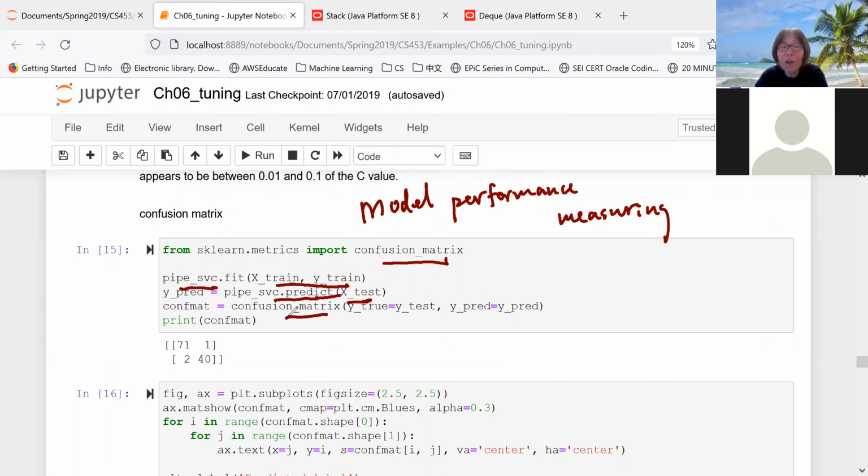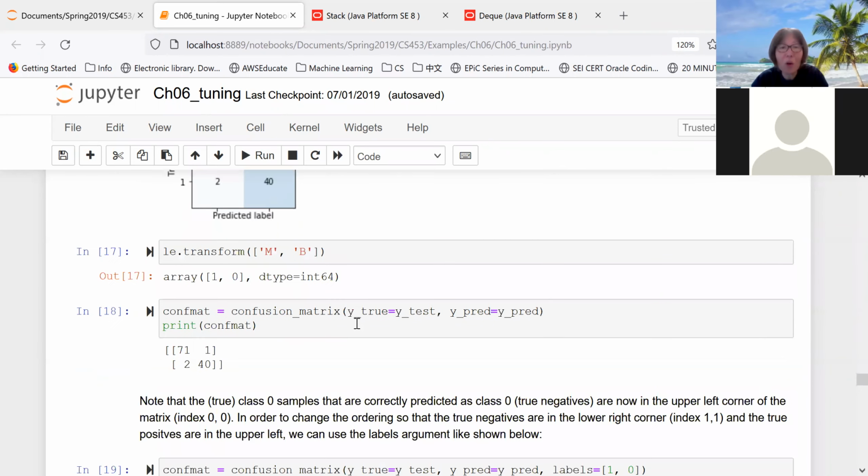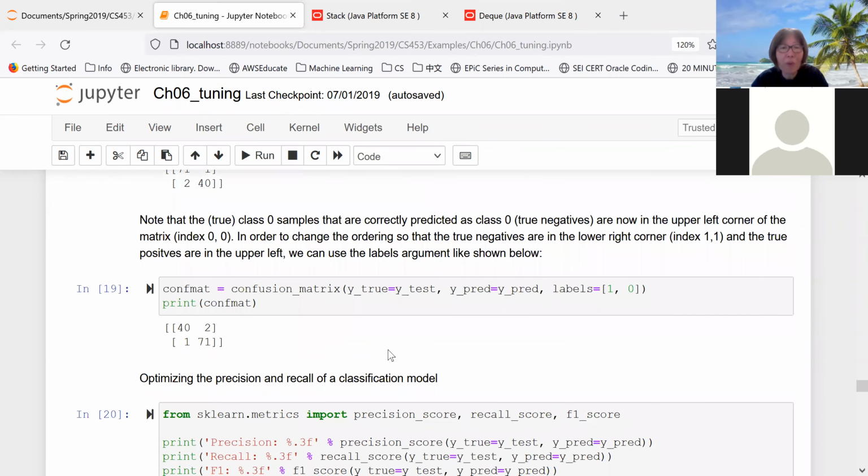Okay, and then the confusion matrix is on the testing data and the predicted data. Then you can find the confusion matrix. Okay, so this is regarding the confusion matrix. And the next just draws the confusion matrix.